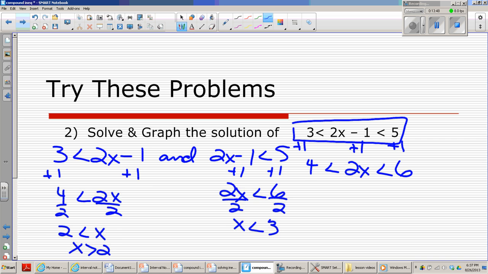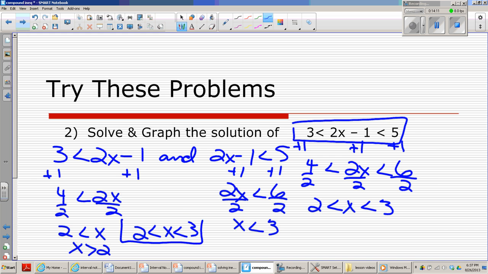In order to get the x by itself, I would have to divide by 2. So I have to do that in each part. So I have 2 less than x less than 3. Either way, we're going to come out with the same answer because when we rewrite these together, smallest less than x less than largest, we still get the same value.